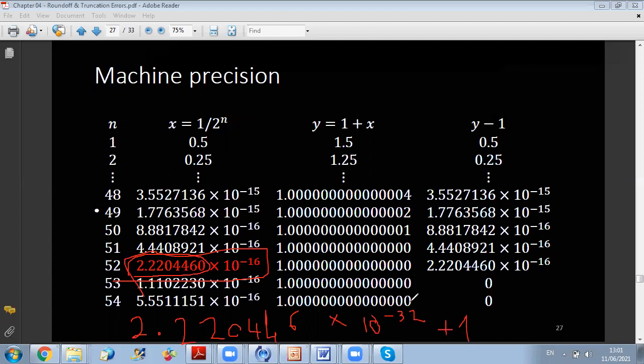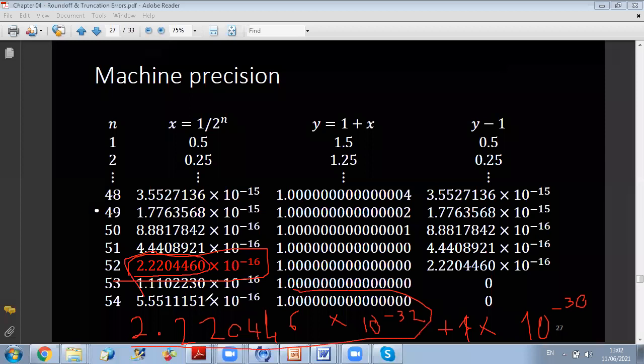For example, if I say I want to add 2.220446 times 10 to the power minus 32 to this number times 10, the same number, let's say, times 10 to the power minus 33, okay? Or let's say 30. You can do it. Why? Because here you can transform this notation.